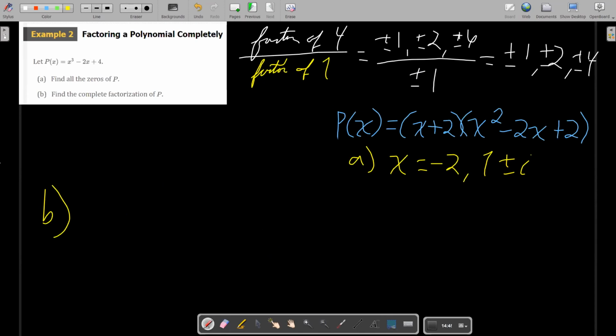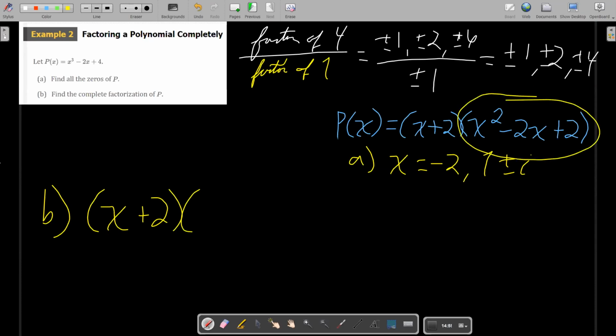Well, again, this is where it's just a little tricky, right? The first one's pretty easy, right? The zero being at negative 2, well, that's easy because that'd be x plus 2. Okay, now we need to do the prime factorization of this, which is where the zeros are located. So pay attention. What we're going to do is split this up into two separate factors, but they're both going to start with x minus, right?